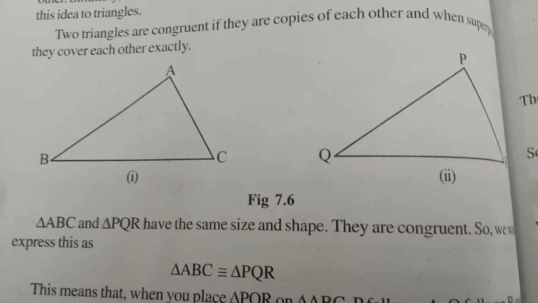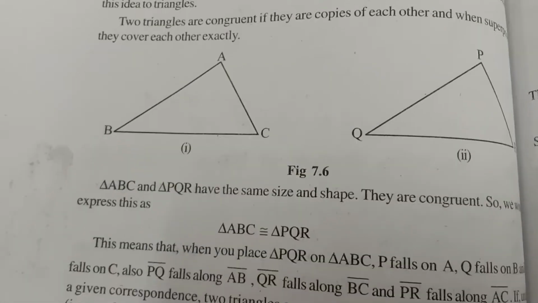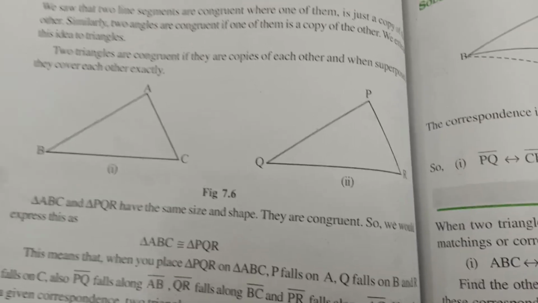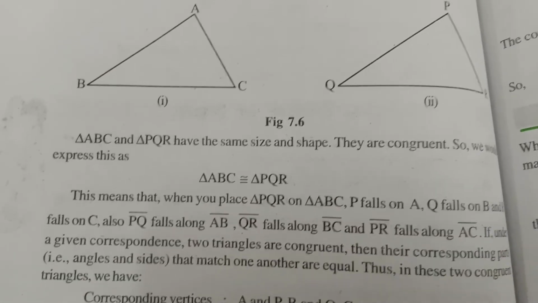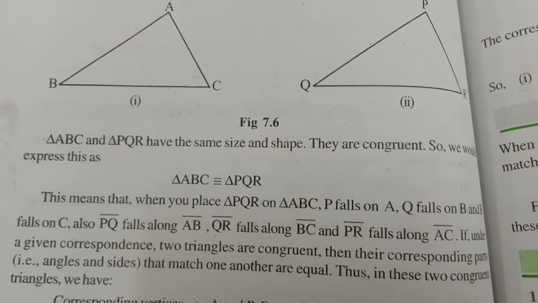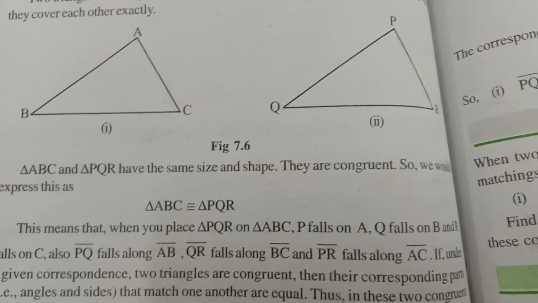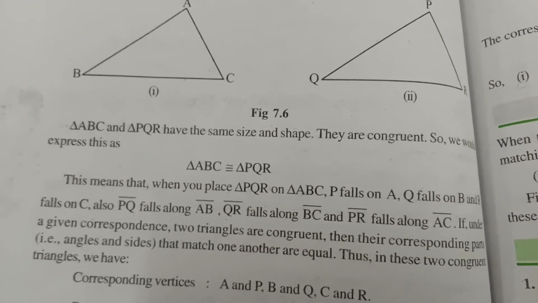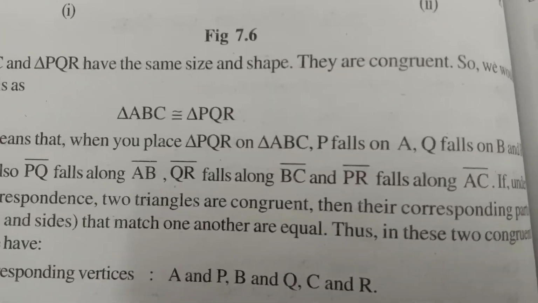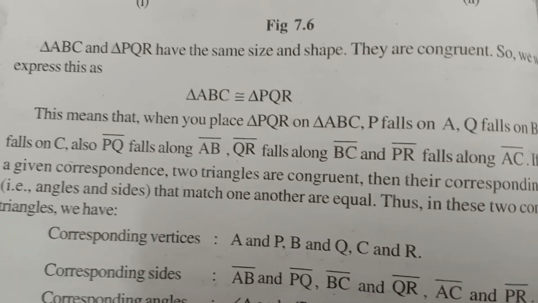You see here the two triangles ABC and PQR. Triangle ABC and triangle PQR have the same size and the same shape. They are congruent. We express this as triangle ABC is congruent to triangle PQR.